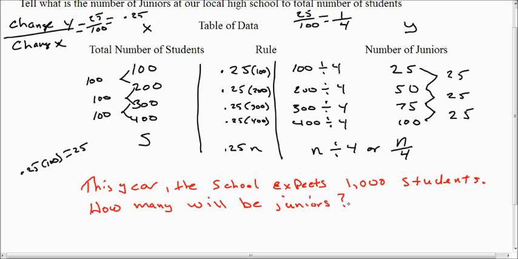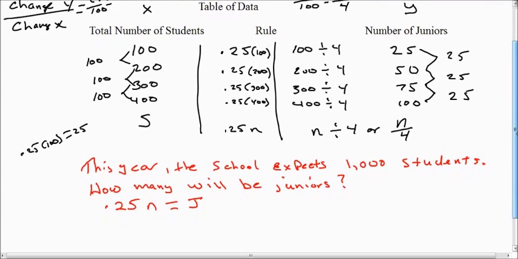So what we need to do is write an equation. We've got the rule, so either one. Let's write our equation. We definitely know how many students, so let's use the first equation. 0.25n is equal to, we don't know, so we'll just put J for juniors.